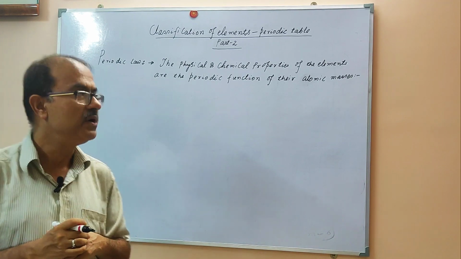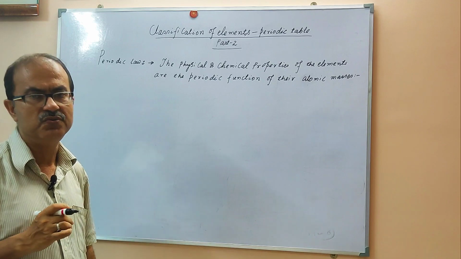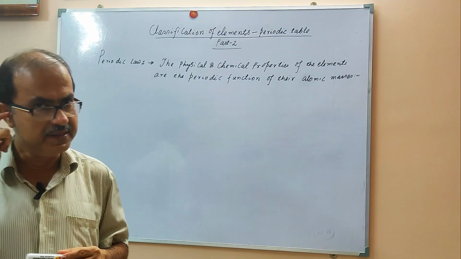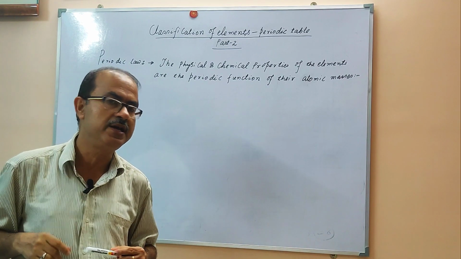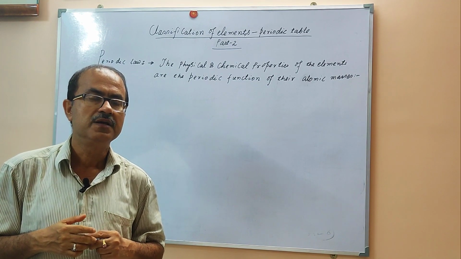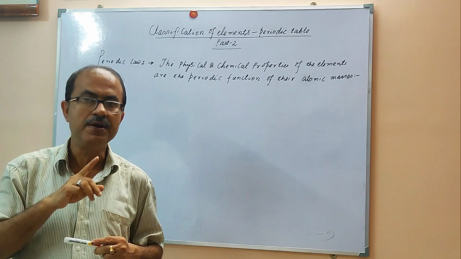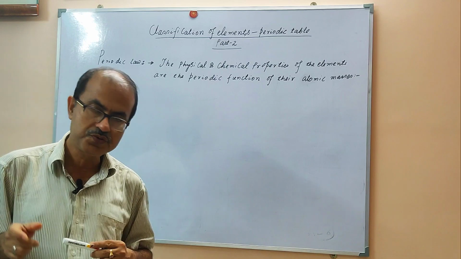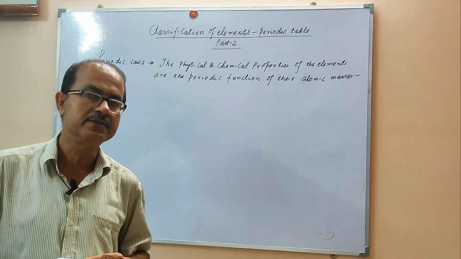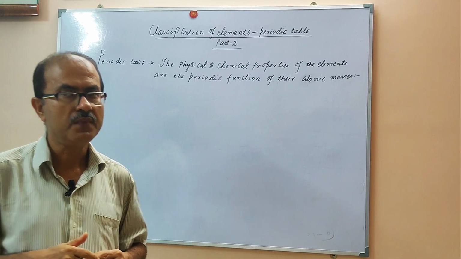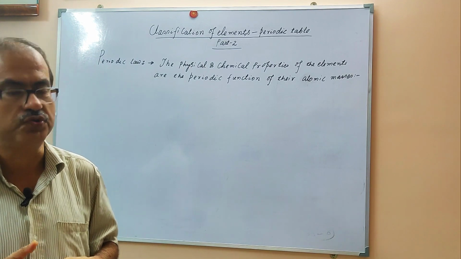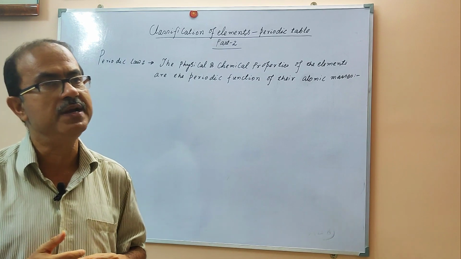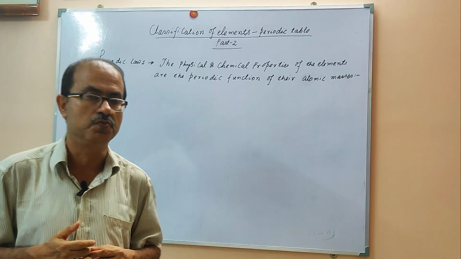In Mendeleev's periodic table, there are two things to understand. Number one, it has 8 groups and 7 periods. The vertical lines are called groups and the horizontal rows are called periods, sometimes called a series by Mendeleev.